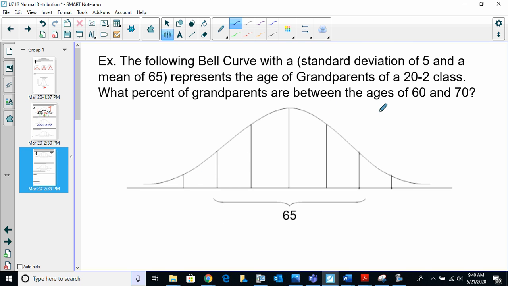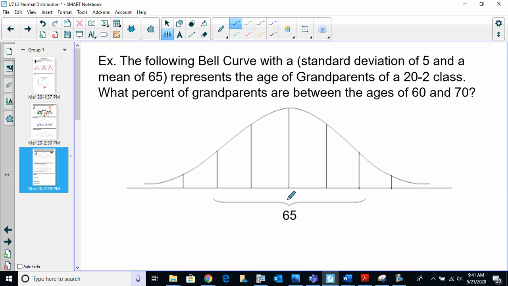So, the following bell curve with a standard deviation of 5 and a mean of 65 represents the age of grandparents of 22 plus. What percentage of grandparents are between the ages of 60 and 70?